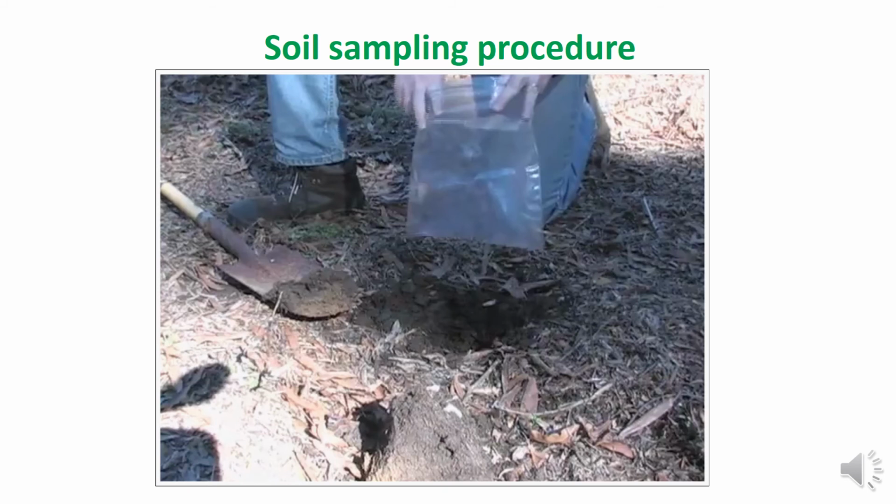This is very important. We must label the sampling bag properly. We need to mention the name of the field from which we collected the soil sample, and also the depth from which we collected the sample. This must be properly labeled.